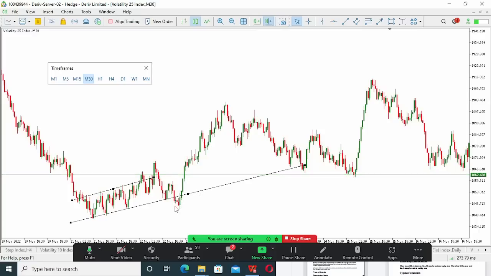So let's consider the explanation I gave on when you confirm that there has been a breakout, when a trend line has been broken, or support or resistance has been broken. This acts as support, based on the explanation I gave on support. You see, this candlestick passed through our trend line.